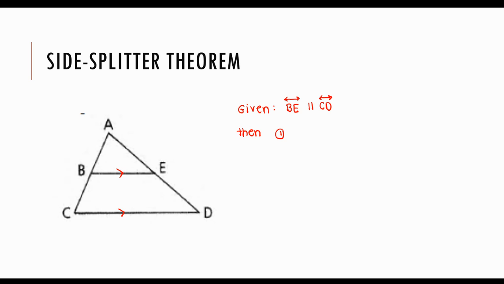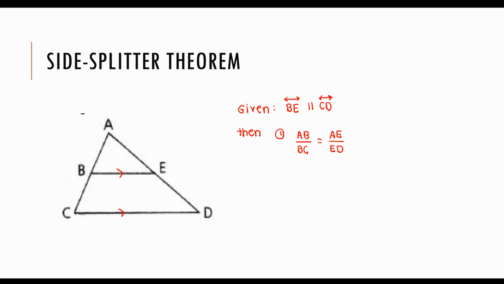The first thing that we are going to know is that we're going to be able to set up a proportion, and it meets this side splitter theorem. Notice how BE is splitting two sides. So that means that AB over BC, notice I've created a ratio with one side that's being split, is going to equal AE over ED.